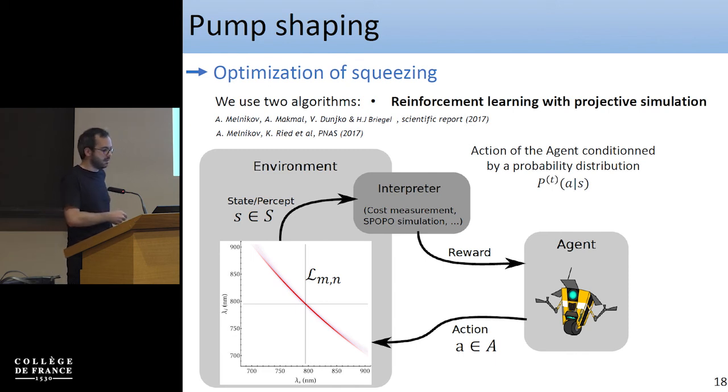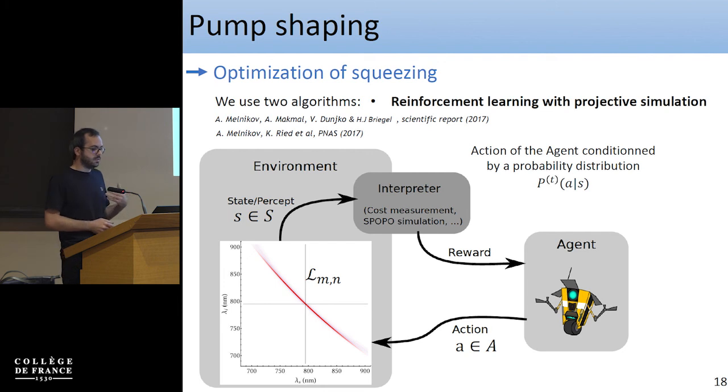And here, the state is the calculation of our joint spectral distribution. So it's the state S, and from this state, we calculate a cost function. And if the cost function is good or not, the agent will get a reward or not. And after, it will have some consequence on the next action of the agent.